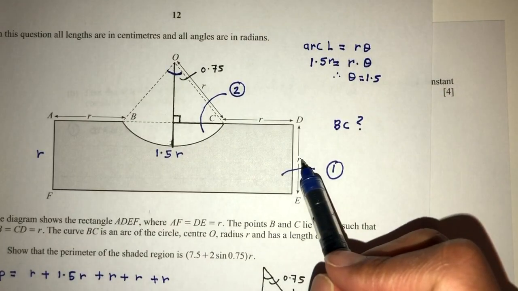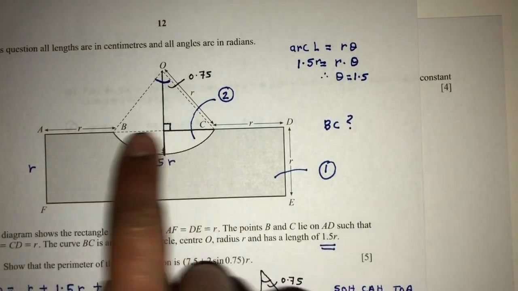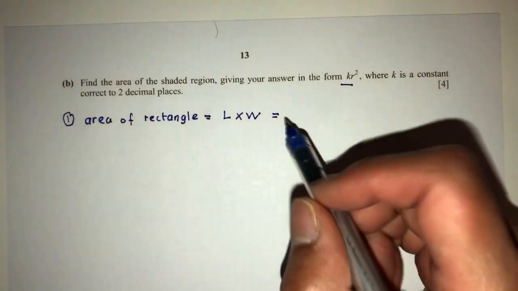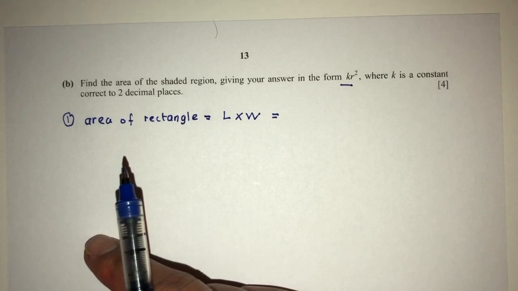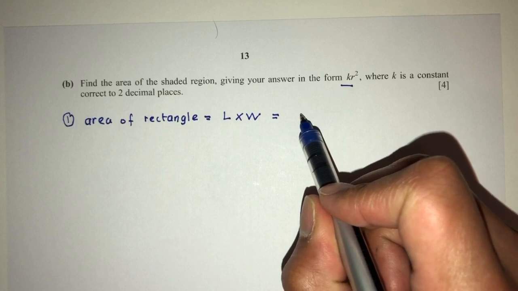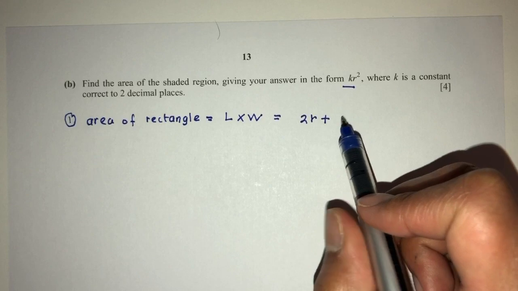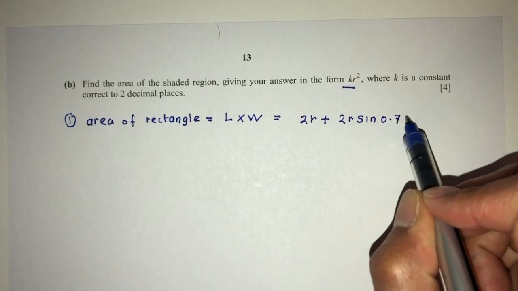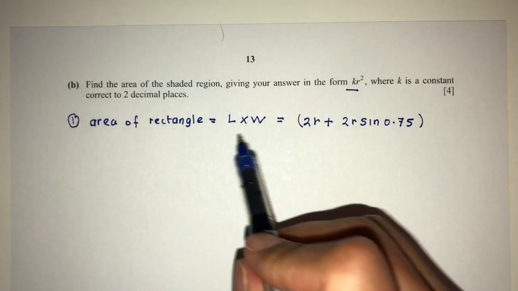The length is 2r plus 2r sine of 0.75, multiplied by the width.